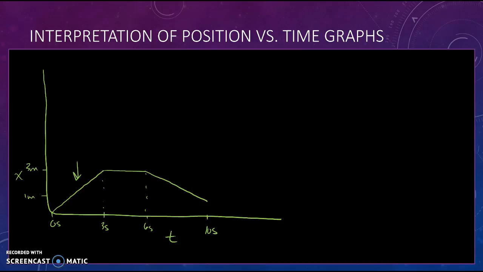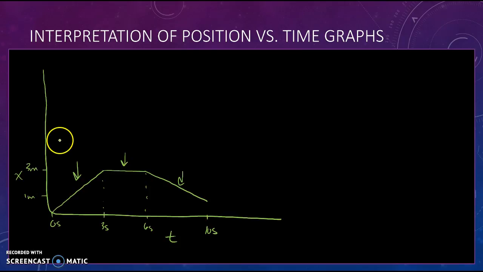So it's moving in the positive direction, which, I should correct myself, is usually forward. And if it's got a negative slope, like over here, then it's moving in the negative direction, which is usually backwards. And in this part right here, where it's totally flat, it's come to a stop.